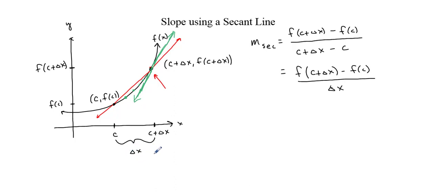I wonder if we have a way that we could let delta x go to 0. He was talking about already. Limit. So we take the slope of our secant line, but we let that distance between the two x values for those points go to 0, then we actually have a tangent line.